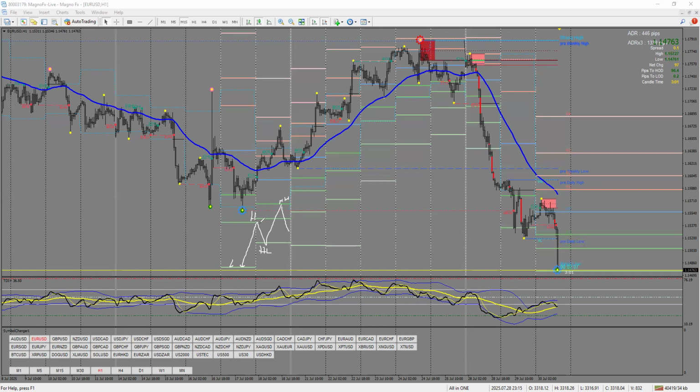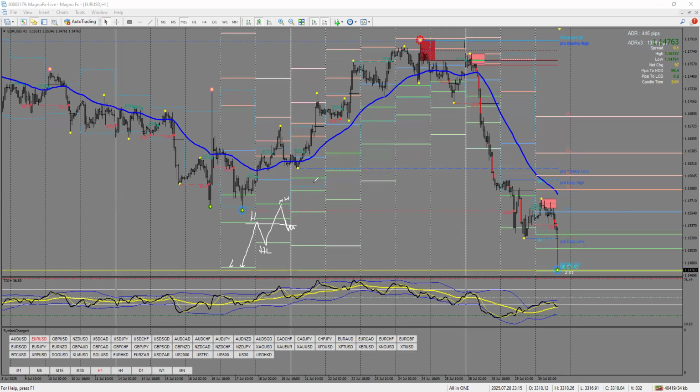So you can kind of set a line right there. And if it does break it just a little bit, you can expect it to start turning around and you'll see it fumbling or stuttering right here in those zones, in that area where it made the original first high, right? If you start seeing that, that's where you want to have expectations of the market going to create what?